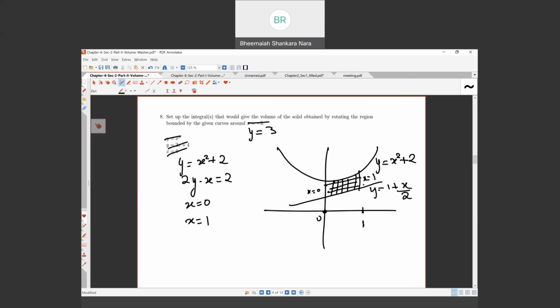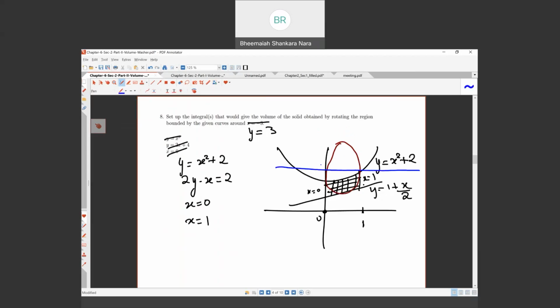which will be rotated. Suppose, say, we consider a circular disk. Let me redraw this. The inner disk will be here. This will be the line x equal to -3.